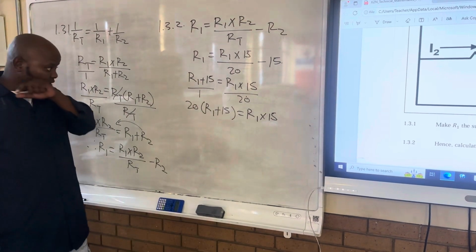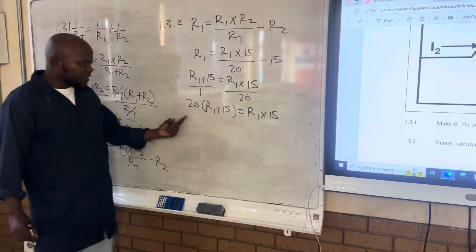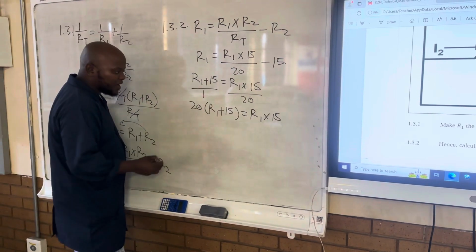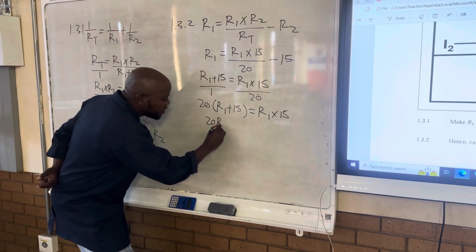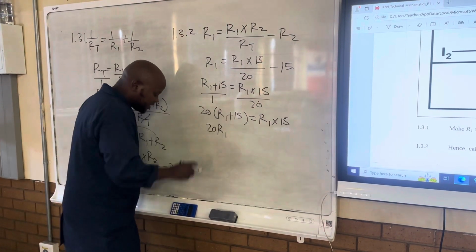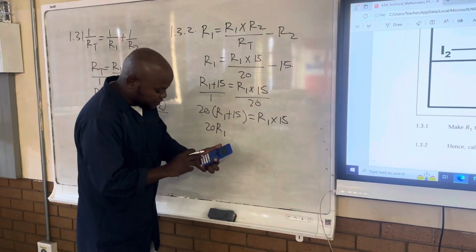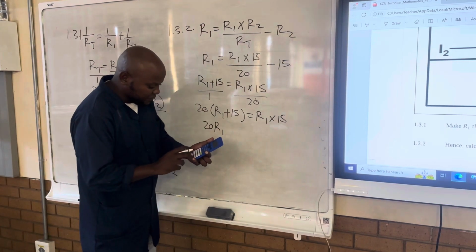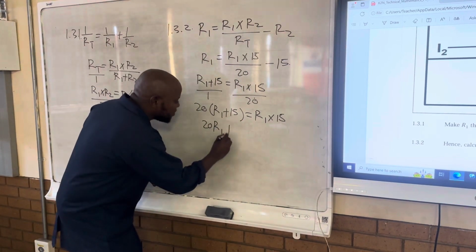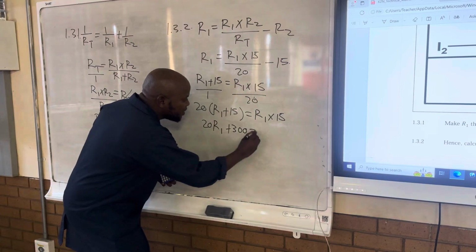Are you together? Then we're going to have 20 multiplied by R1, and 20 multiplied by 15, which is 300, is equal to R1 multiplied by 15.